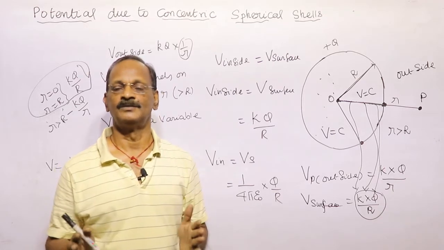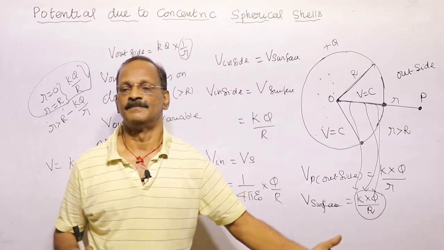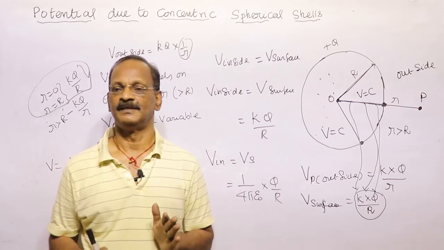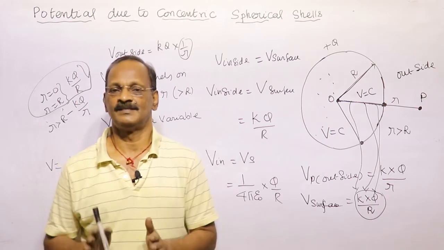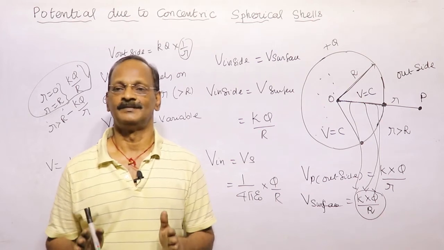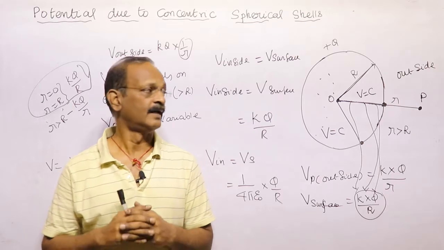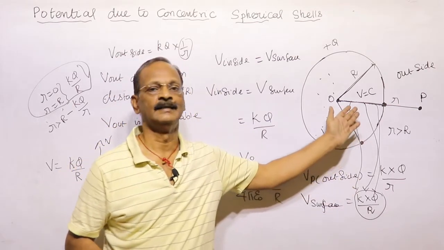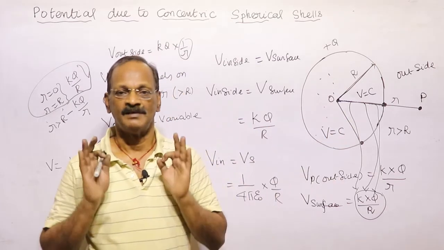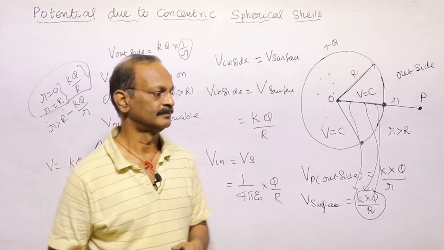It means only outside, if you want to take potential, we should know the distance, and the distance may vary, but on the surface and inside the sphere the potential remains the same, equal to the potential at the surface of the sphere. This point you must remember, note it when you are dealing with problems in IIT as well as NEET. These funda you must remember, then only you can solve the problem, otherwise it will be confusing.